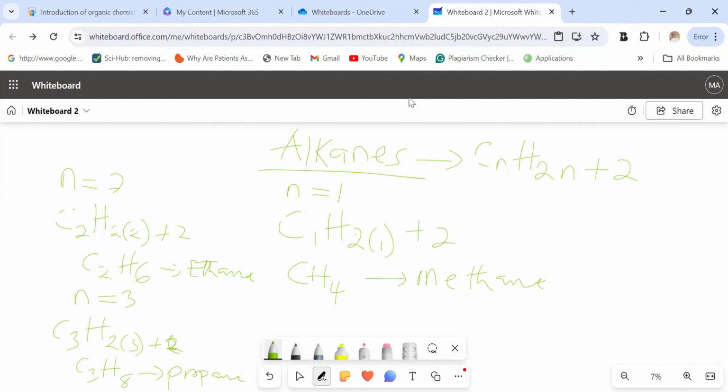All these ones that I'm mentioning, it is very, very important you should know their names. If n is equal to 4, we end up having C4H10, and that is butane. For n equals 5, we have C5H12, and that is pentane, from penta. Then we have C6H14, hexane, that is 6. Then C7H16, that is heptane.